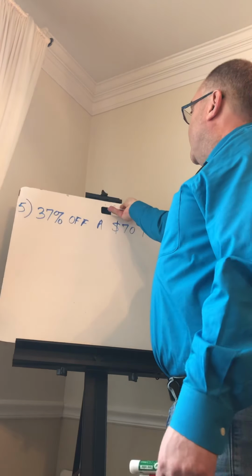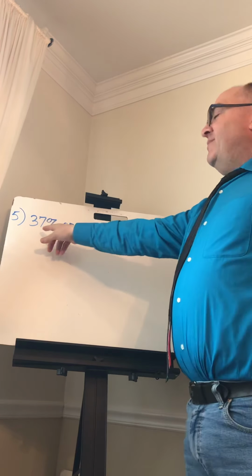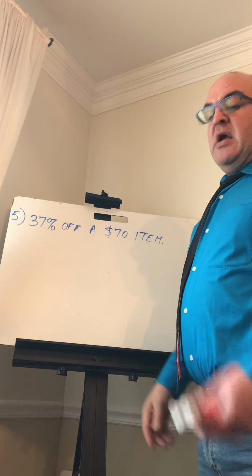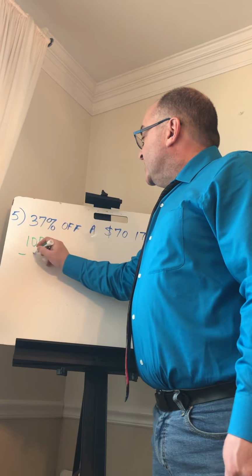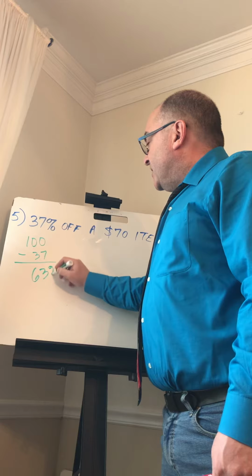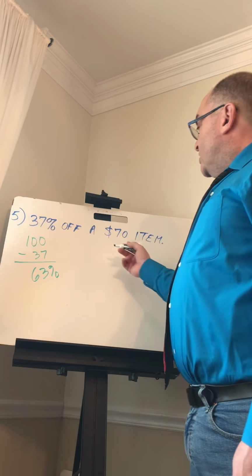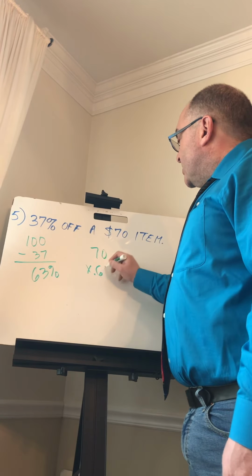Let's try another one. All right, here's where you will need a calculator, okay? If for some reason it's a ridiculous number like 37% off, well, okay, what is 100 minus 37? Well, hopefully you know that that's 63%. And if you don't, you use your calculator, okay? So now what you're going to do is 70 times 0.63.